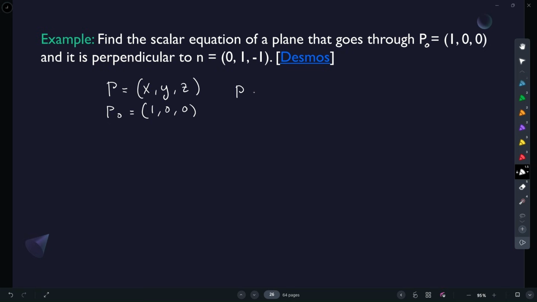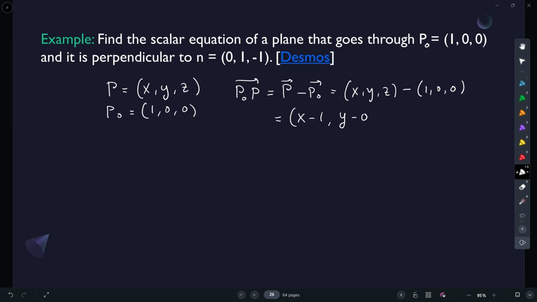The vector from P naught to P is the difference between the coordinates, the position vector for P and the position vector for P naught. So that would be x, y, z minus 1, 0, 0. And then that is x minus 1, y minus 0, z minus 0.